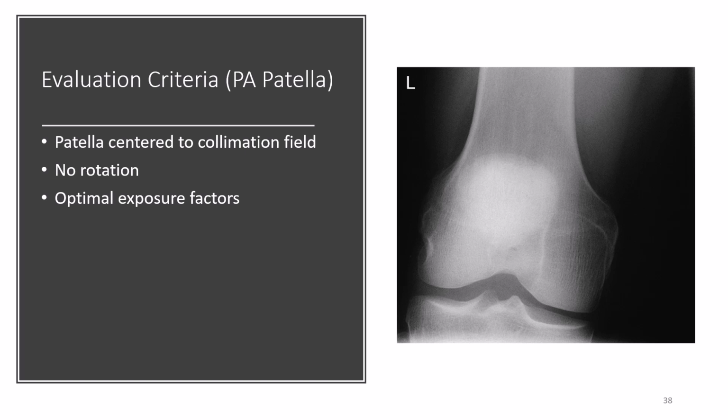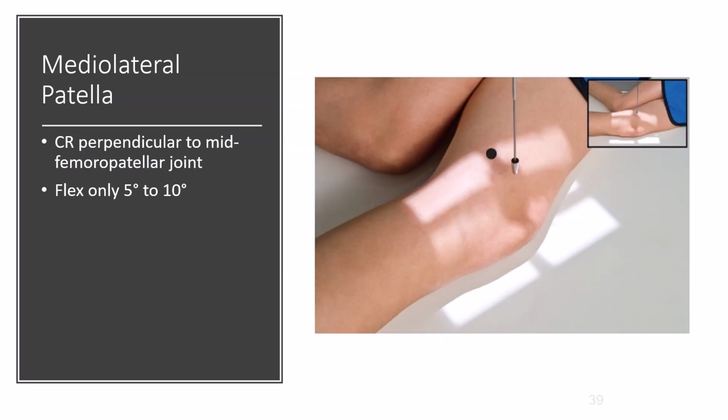The second view for a patella would be a lateral. It is a mediolateral, so we roll it just like we're doing a lateral knee, but the central ray is anterior on this. Your central ray is to the mid-femoropatellar joint space. Okay, so you're a little bit more anterior on that. So you can see the patella right here, and you're coming anterior to the mid-femoropatellar joint space.